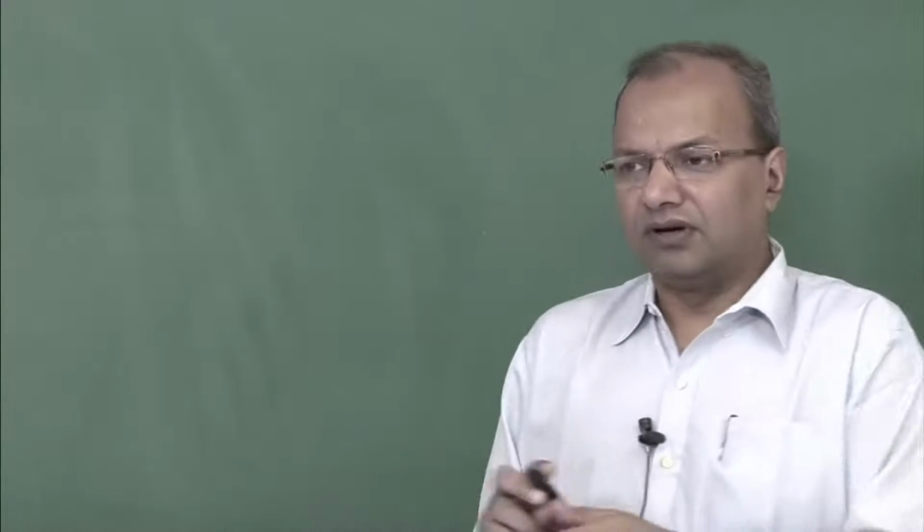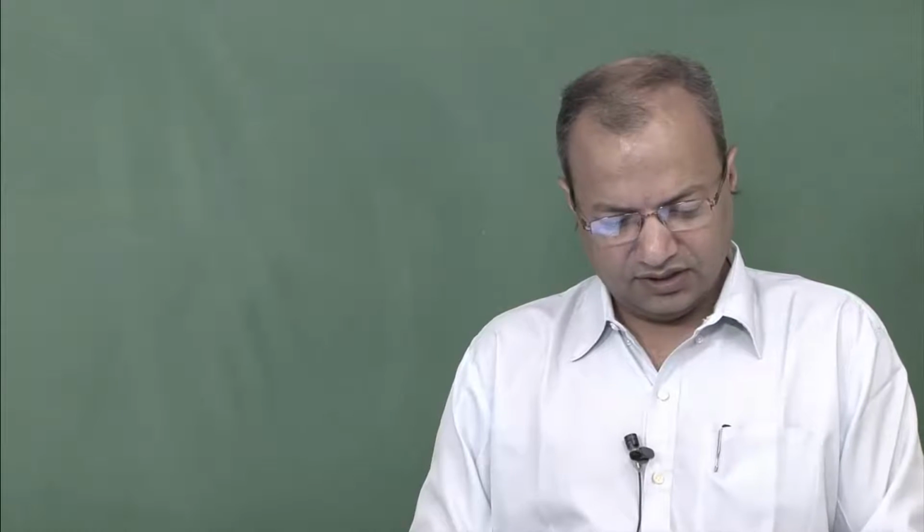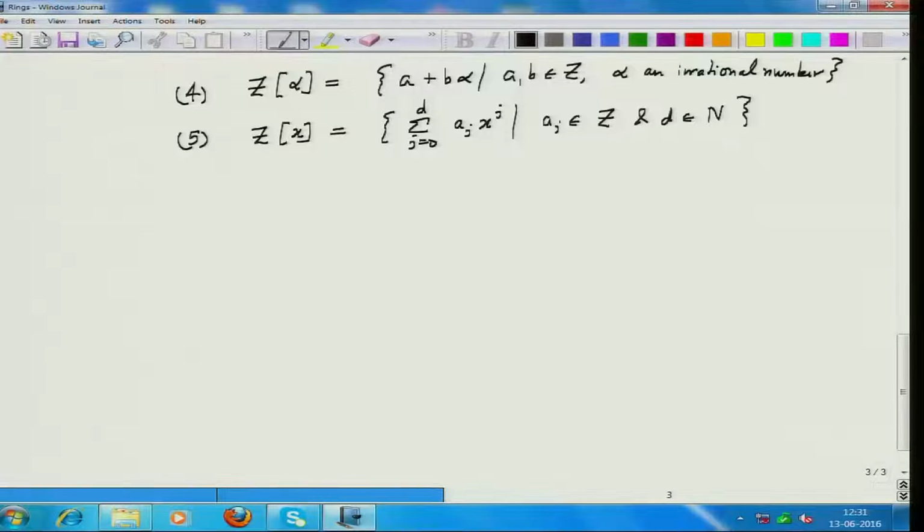Okay. So these are some very typical examples of rings. And for rings, the central question again is, what is the structure of a ring? Just like we had asked this central question about groups, what is the structure of a group? And then we could, in a large number of cases, explain the structure.